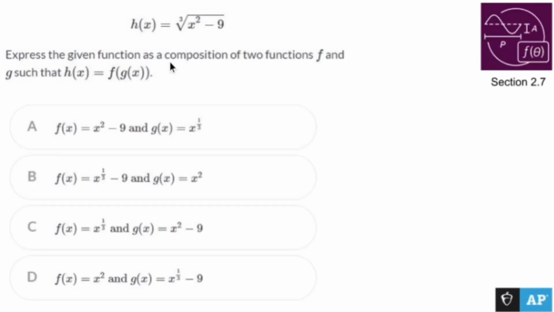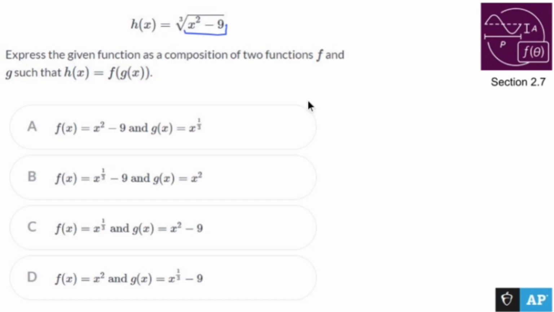Express the given function as a composite of two functions f and g such that h of x is f of g of x. All right, so this is what I see. I have a function living within a function. G would be that guy living inside f, which would be that guy.